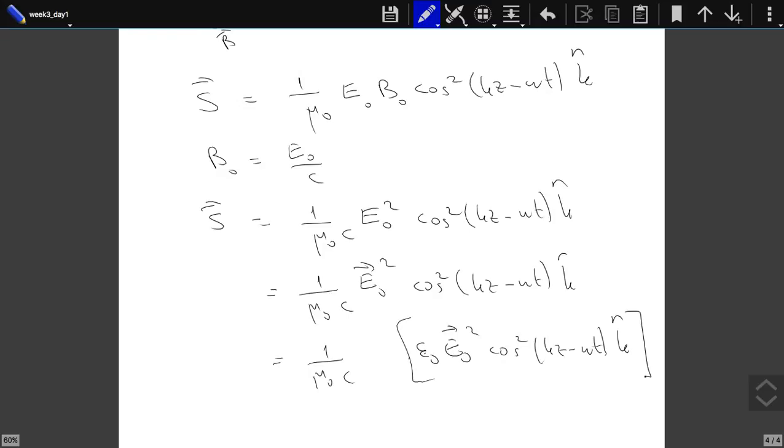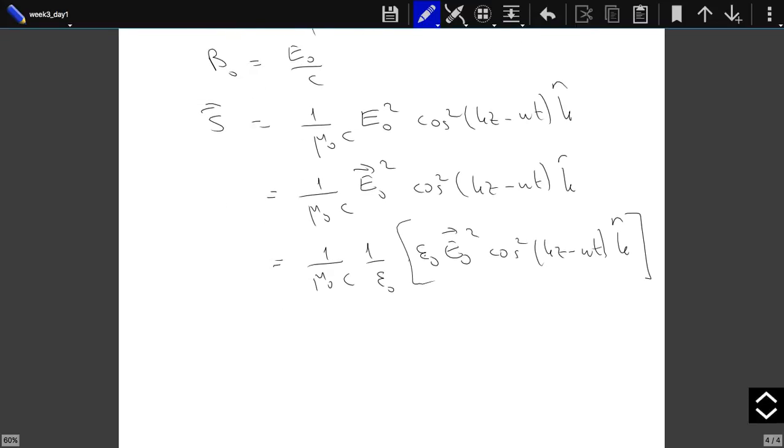Well, I need to divide by this epsilon 0, so 1 over epsilon 0 times mu 0. Remember, that is nothing but c squared, over c times U in the K direction. This is equal to U times c in the K direction.